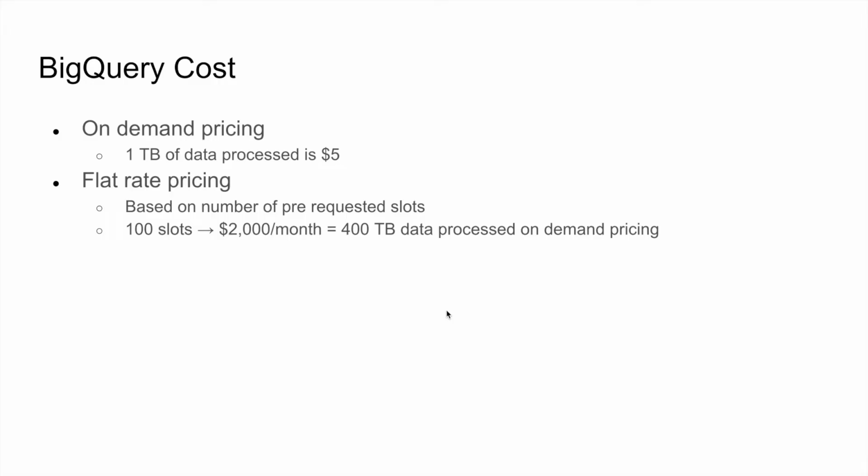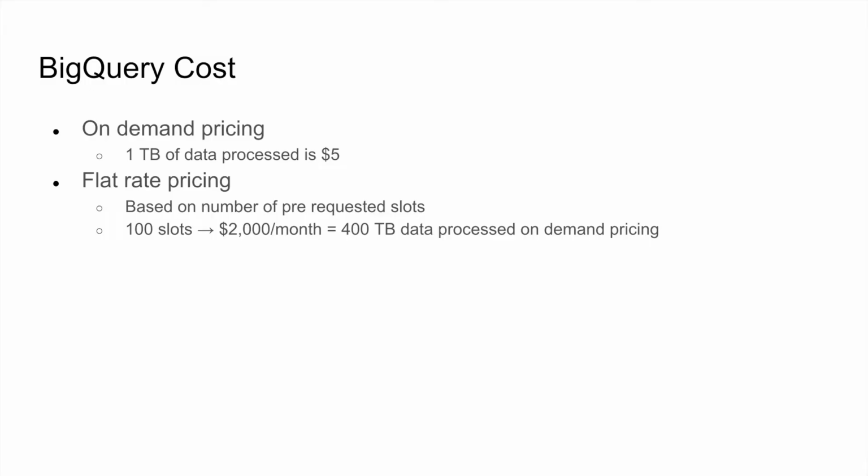Next, let's take a quick look at BigQuery cost. BigQuery has two pricing models. One is an on-demand pricing model, which is basically based upon the amount of data you scan or process. So for every terabyte of data processed, you generally pay $5 for it, which is pretty convenient.